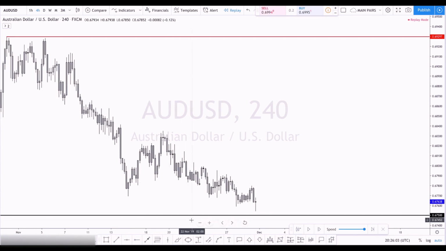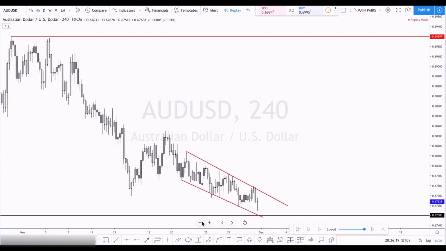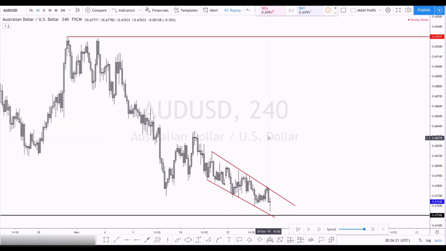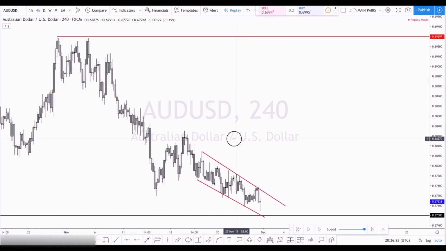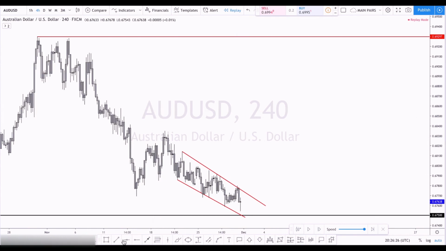When we look at Aussie dollar, we notice how structure can play a significant role. More importantly, we've got what I like to call this descending pattern in a downtrend. This is a reversal pattern for Aussie dollar. Let me illustrate it. If you have a downward trend and then you see a downward pattern, it tends to lead to a reversal.